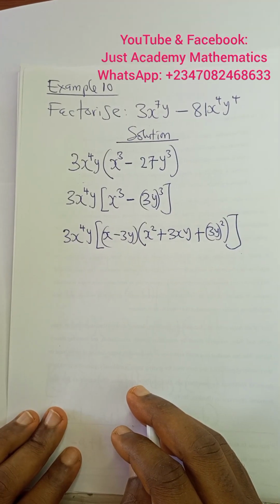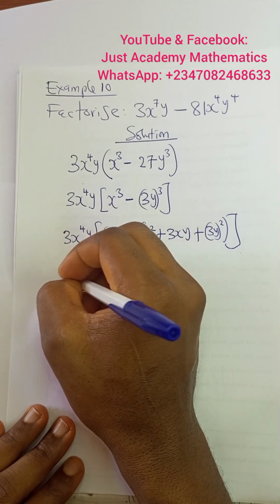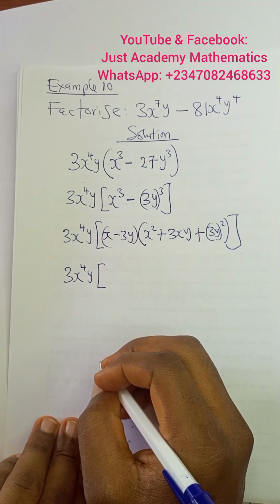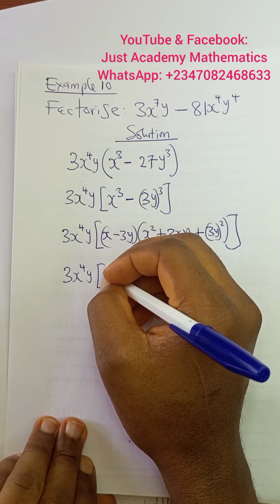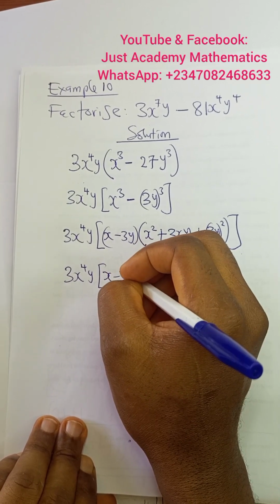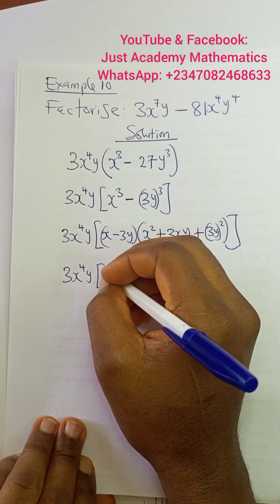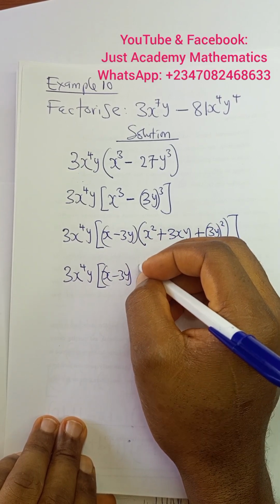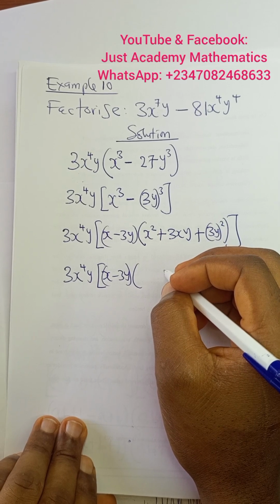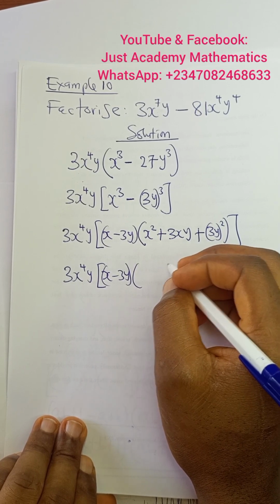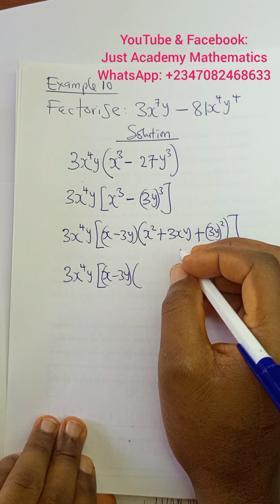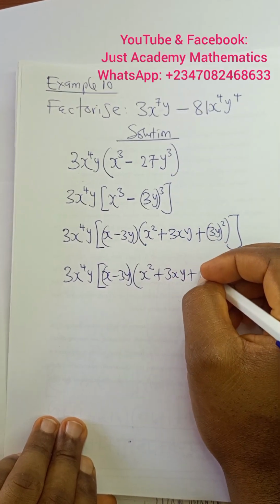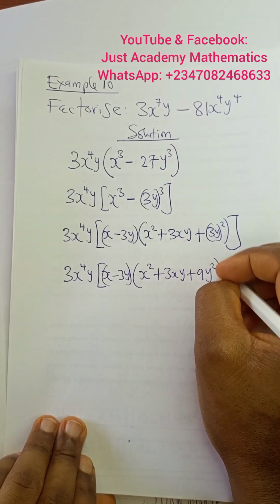That is it. So this means 3x raised to the power of 4y brackets x minus 3y, of course, brackets. This one means x squared plus 3xy plus 9y squared.